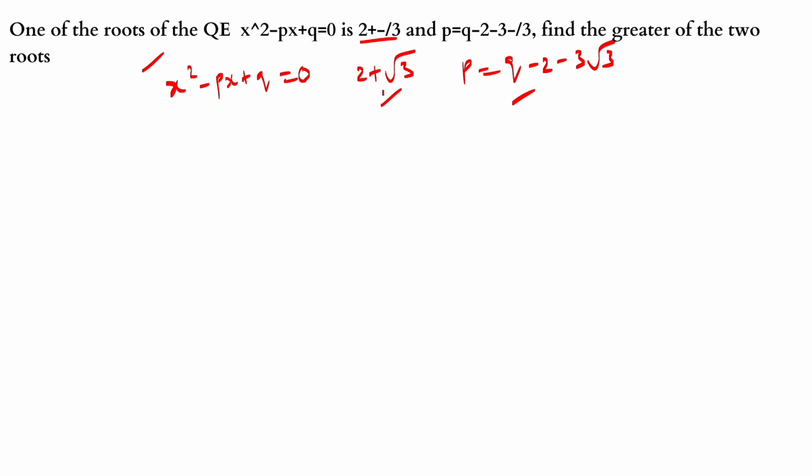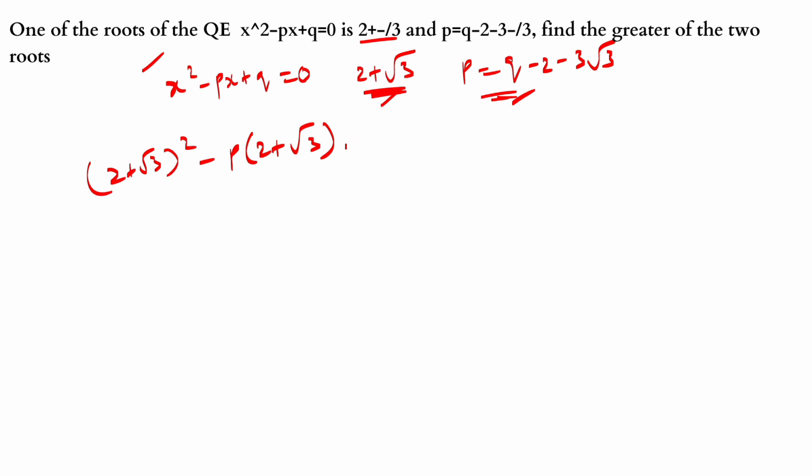What we shall do is substitute this root in the place of x. So what do we get? 2 plus root 3 whole square minus p into 2 plus root 3, and instead of q we'll take this condition in order to substitute the value of q. So q will be equal to p plus 2 plus 3 root 3.